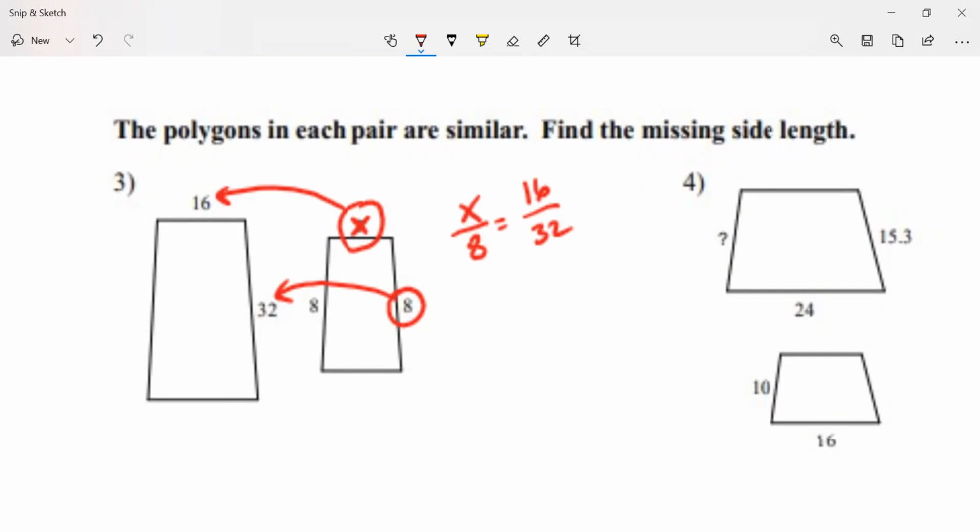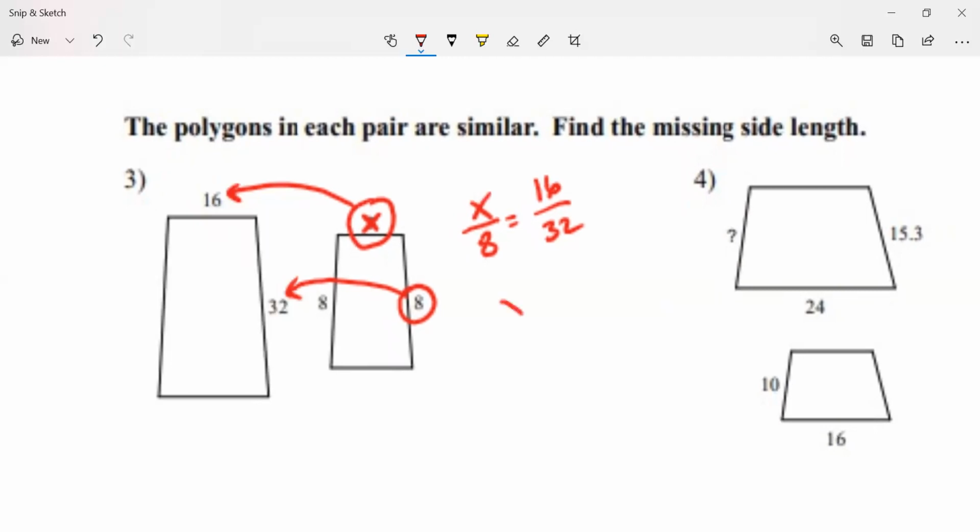Now, I can simplify these. I can make the second fraction with an 8 at the bottom. So I'm going to have X over 8 equals, now on this other fraction, let me divide each by 4 on the second fraction, because I want the bottom to be an 8. So let me divide each by 4.